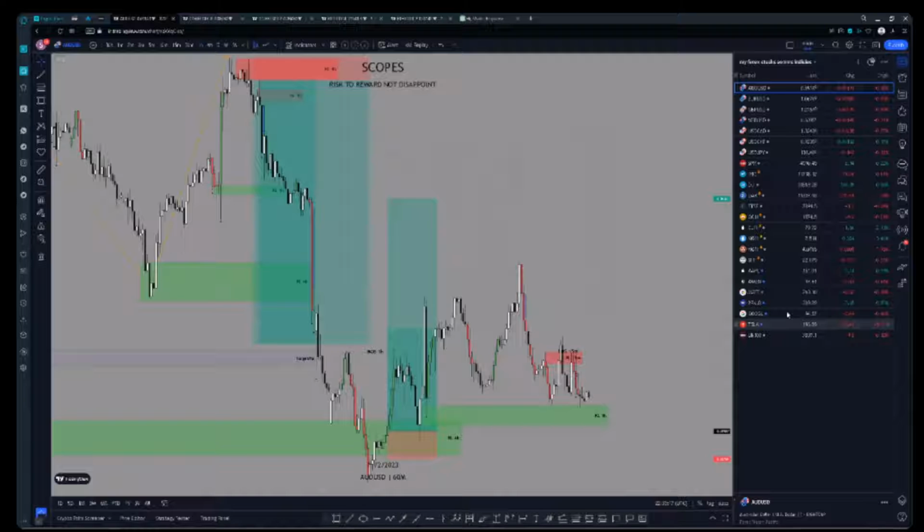The reason it's a POI as well is because we've got imbalance there and imbalance there. So for me, I'm fibbing from there to there, and obviously that's the last candle there. So it's the last bullish candle in a down movement. See, I've marked it out. This trade here, I think we hit something here.